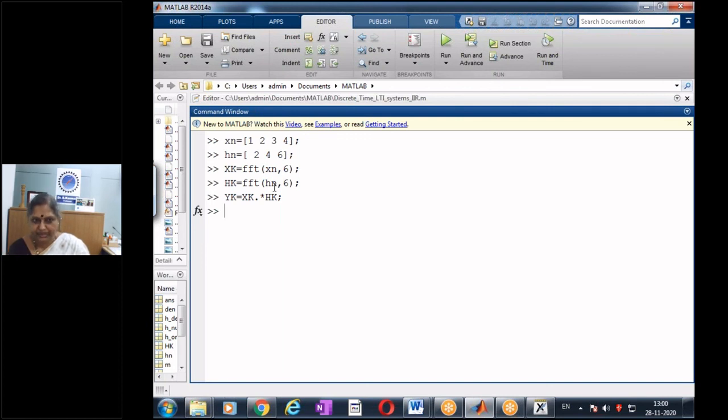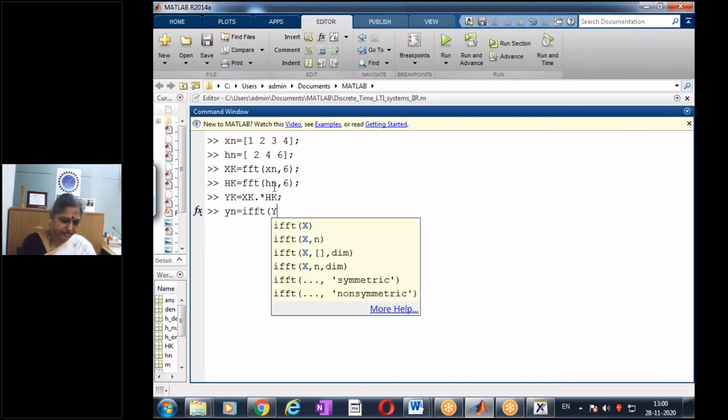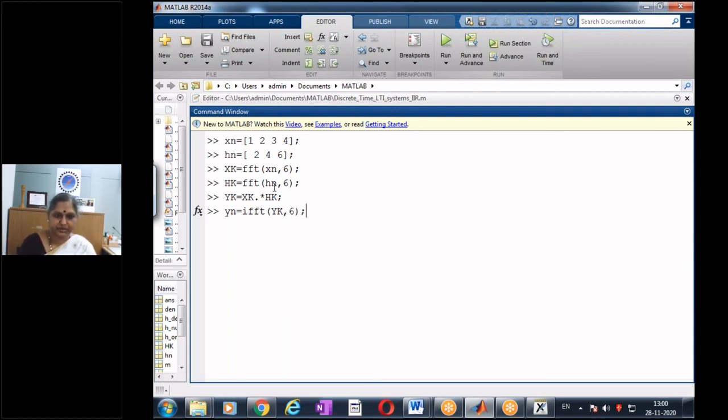Then how do I get my y of n, the convolution sum? y of n is given by the inverse DFT, again a 6-point. It will still give the result as a 6-point sequence. Let's check the result. I get the same result: 2, 8, 20, 32, 34, 24.